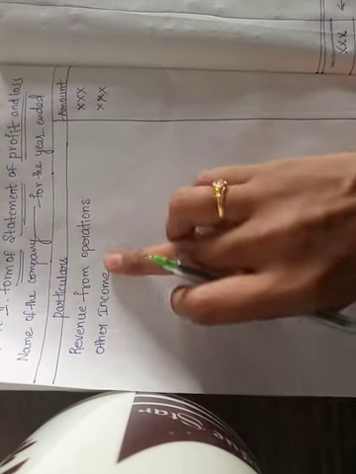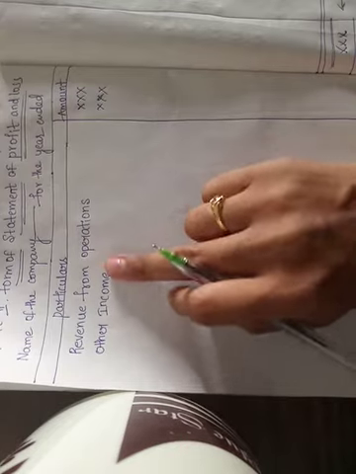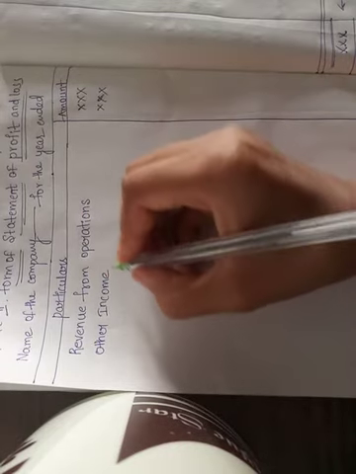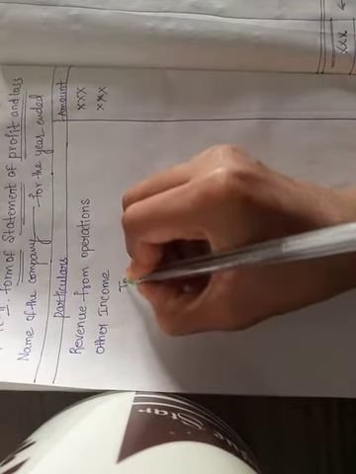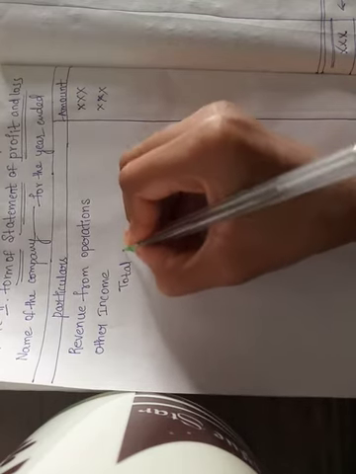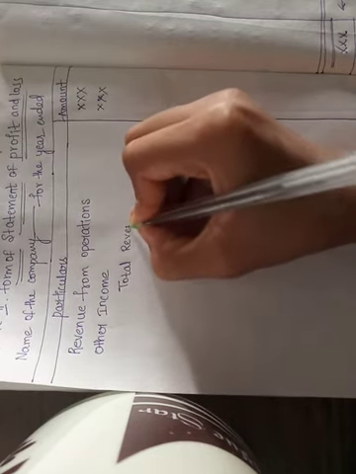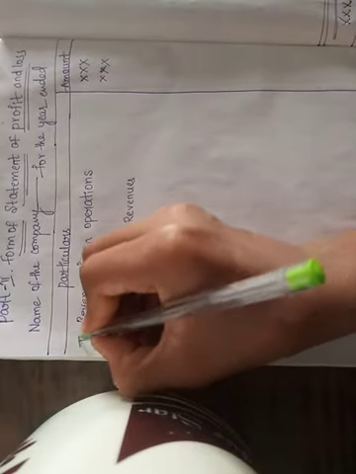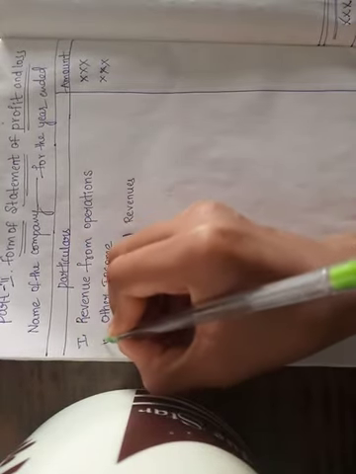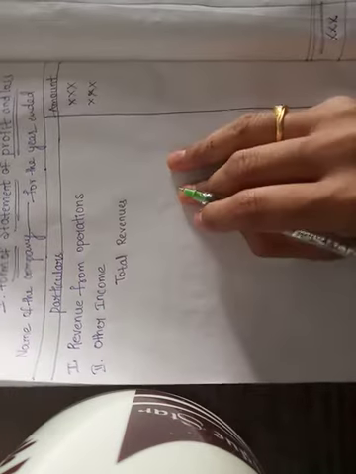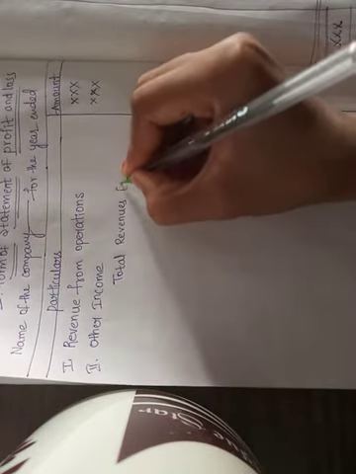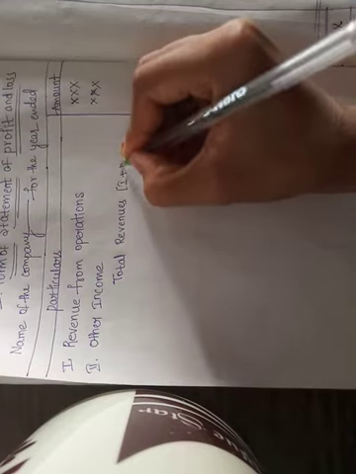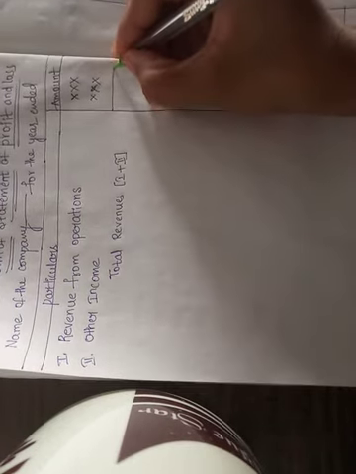So these two come under incomes and gains. Next is total revenues. When you add the first and the second, you get the total revenues.